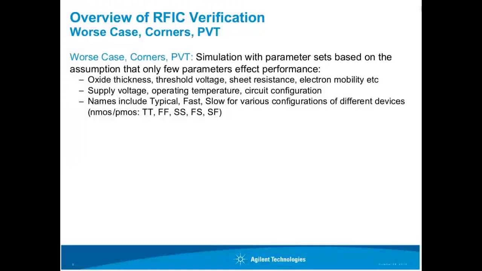So, for example, if you have a variable gain amplifier, maybe there's a particular setting that is problematic, for example. And you'll find these corner models and worst-case models in standard PDKs, and they'll be named. And they have names like typical, fast, and slow, and the various configurations of these for different devices. And the example I give here is like for NMOS and PMOS.